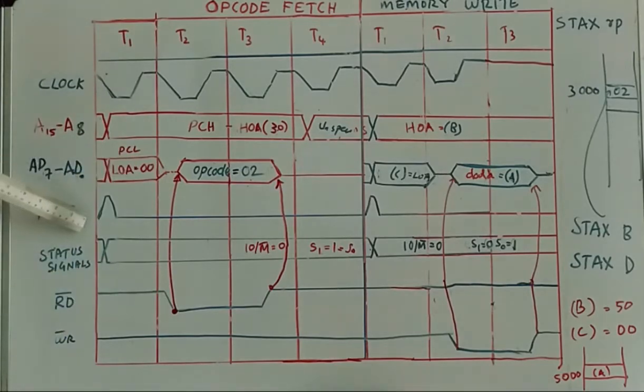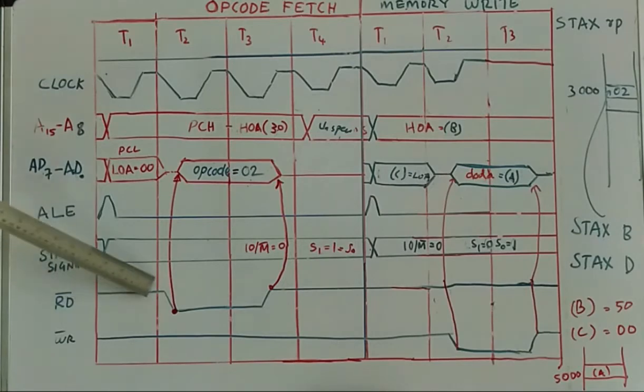So 8085 activates the ALE signal during the first clock cycle of every machine cycle in order to latch this low order address as the output of an external latch during the second and third clock cycles. That process is known as demultiplexing, as in T2 and T3 the AD bus is free.